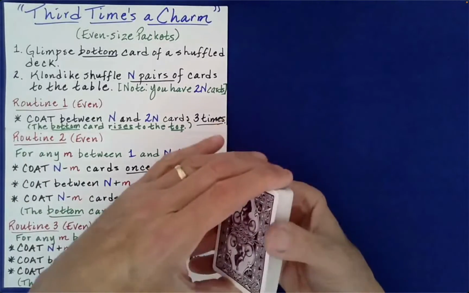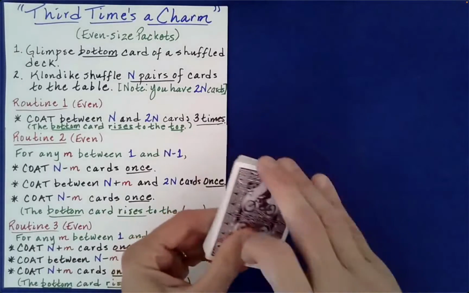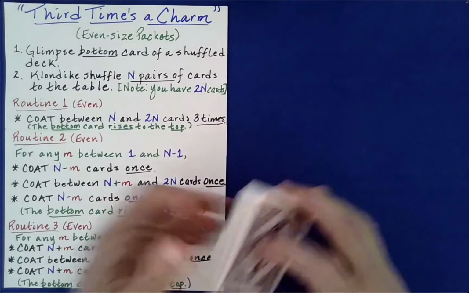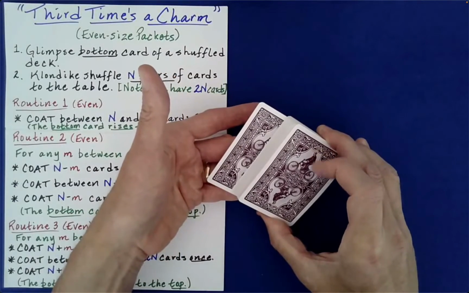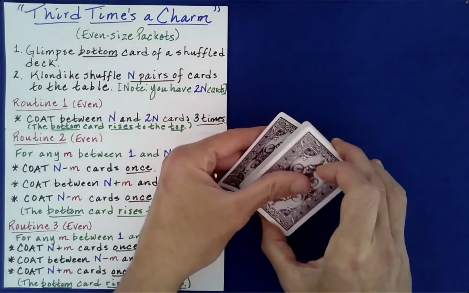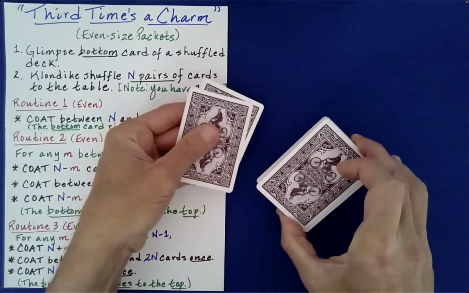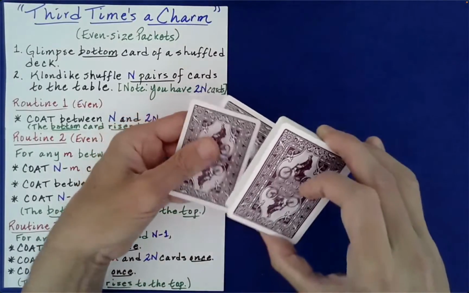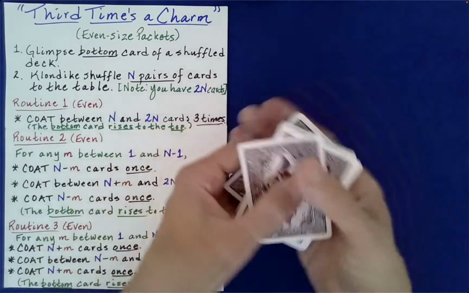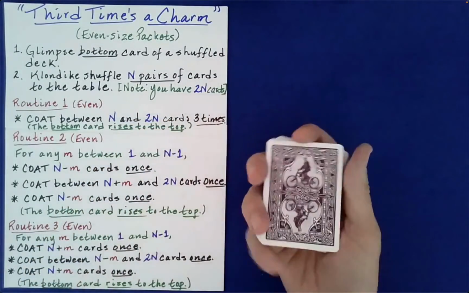Now, Klondike shuffling, what does that do? What is the Klondike shuffle? This is where you take the bottom card, just one card, and the top card off as one. And then you build up a packet of cards by repeating that process. That's a Klondike shuffle.